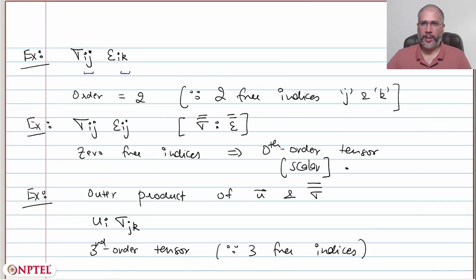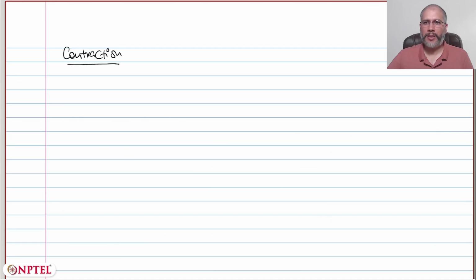All right, so now that we have established the fact that the order of a tensor is equal to the number of free indices, let's talk about a very important concept in indicial notation, and that is called contraction. Contraction basically means that we set any two indices equal in a term.